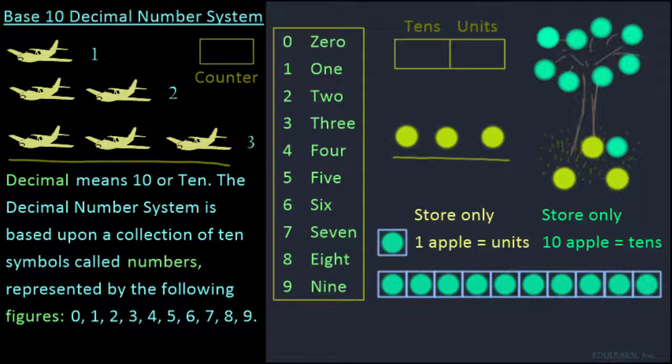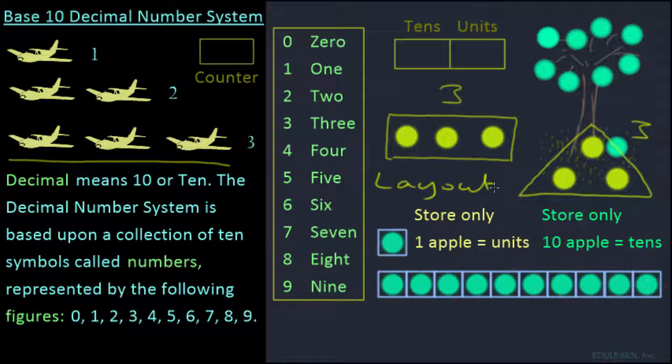And yet we can still say that this is a 3. Just like we can come in here now, we can say this is a 3. So the pattern we're talking about here is not that they have to have the same shape or the same layout, but that there is something about the objects themselves.